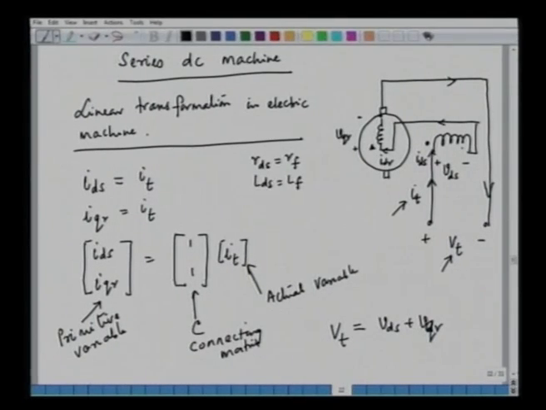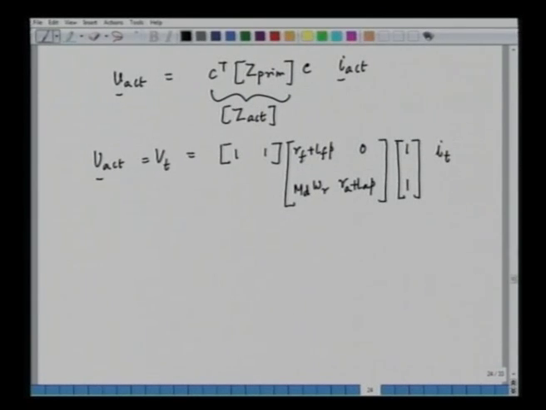The field inductance is same as LDS, and similarly RQR is equal to RA, the armature resistance, and LQR is equal to LA, the armature inductance. So these are the various values of the parameters of the machine. Now we can replace RDS by RF, LDS by LF, RQR by RA, LQR by LA.